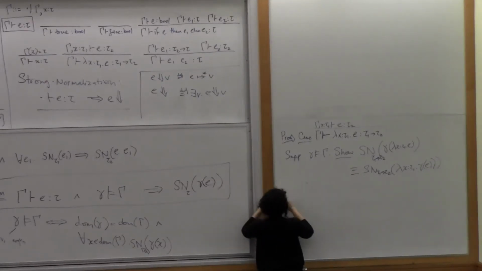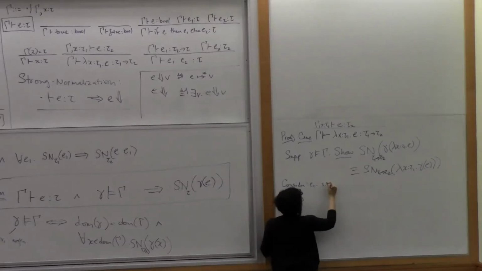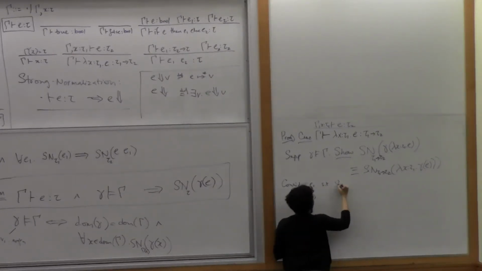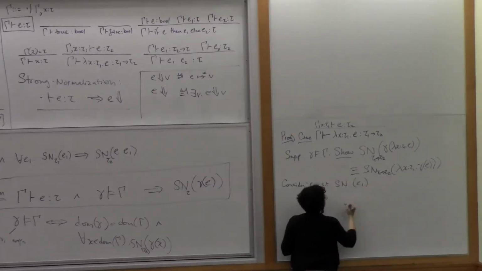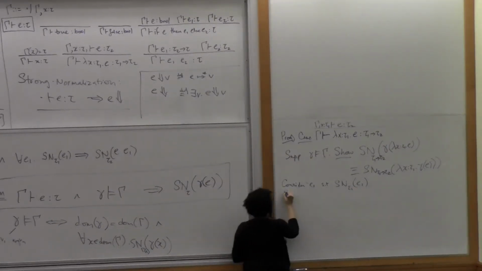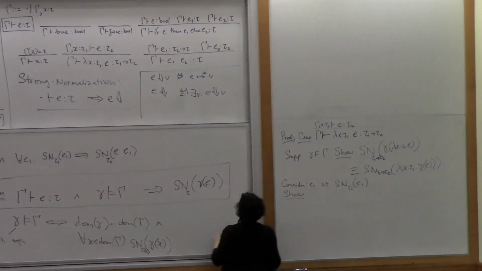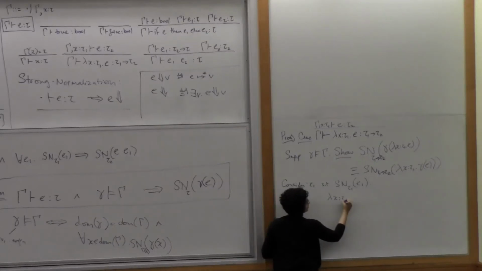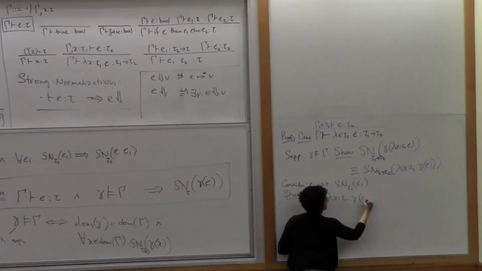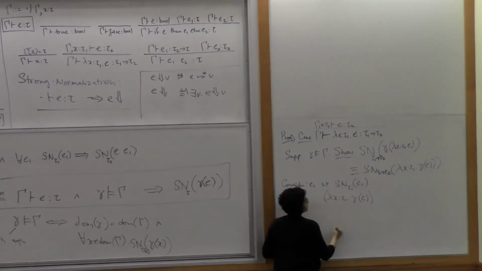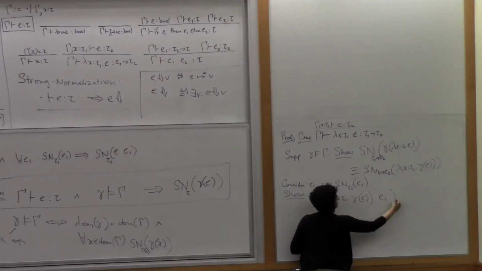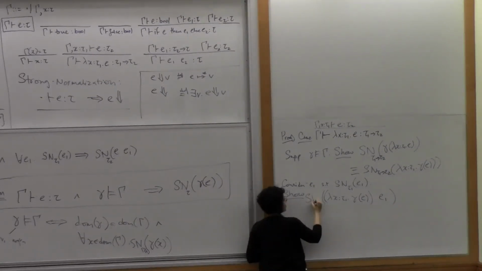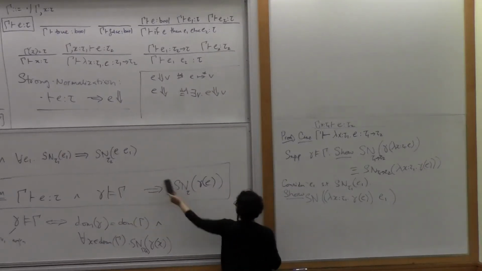I'll just say consider E1 such that E1 is strongly normalizing at the argument type tau 1. And now what we have to show is that our lambda term, lambda x colon tau 1 dot gamma E, when we apply it to this E1, we get an expression that is strongly normalizing at the result type tau 2.